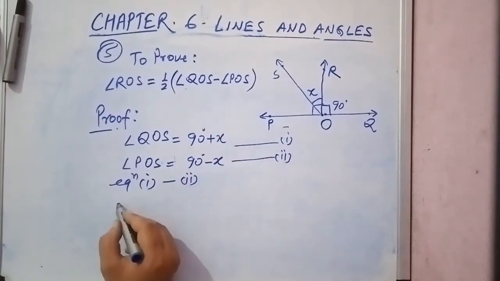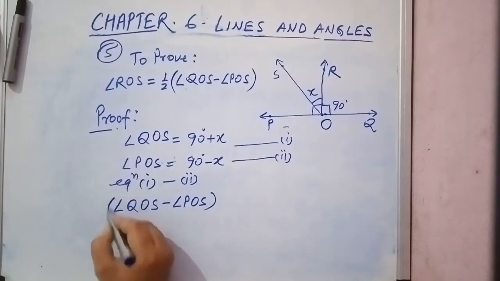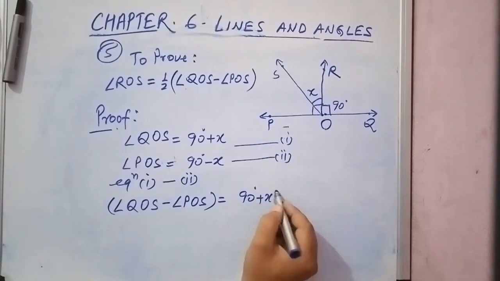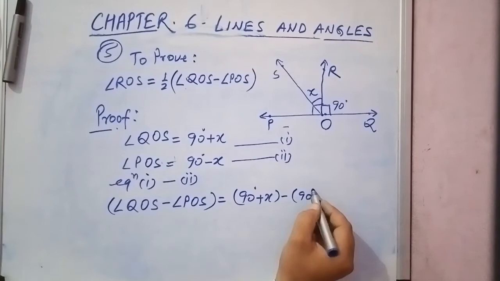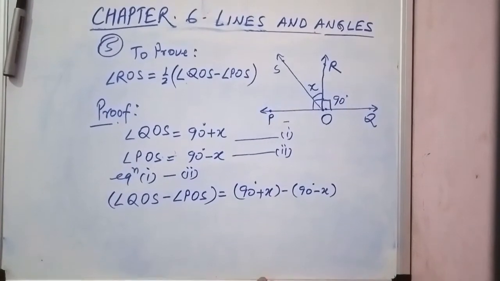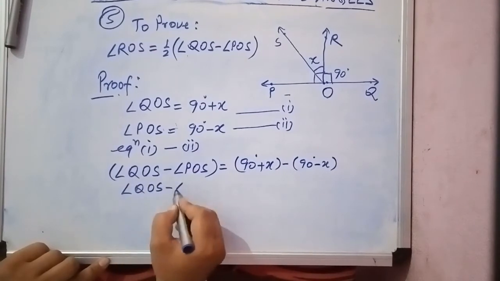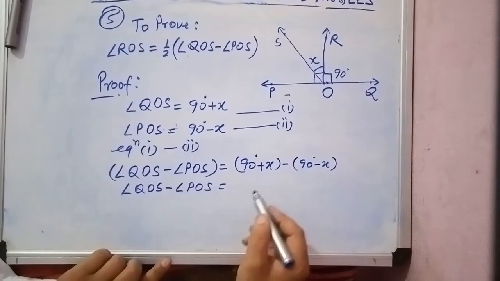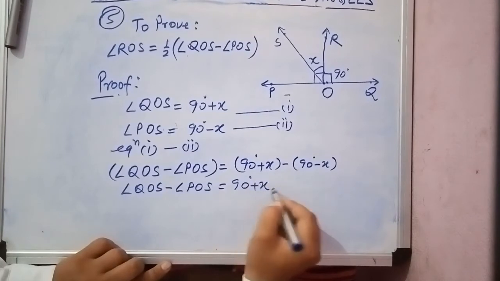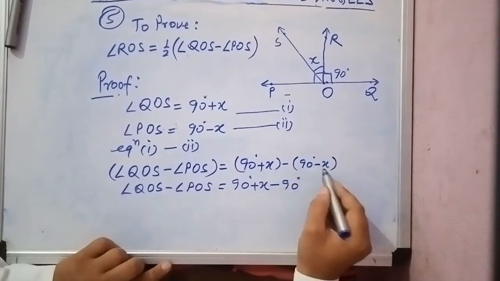First minus second: angle QOS minus angle POS equals 90 degrees plus X minus 90 degrees minus X. By opening the bracket, the sign should be changed.